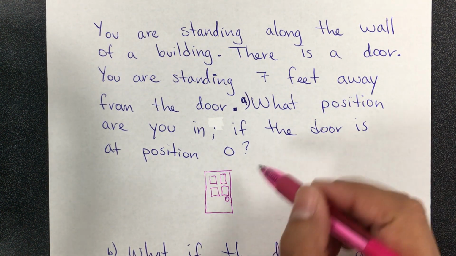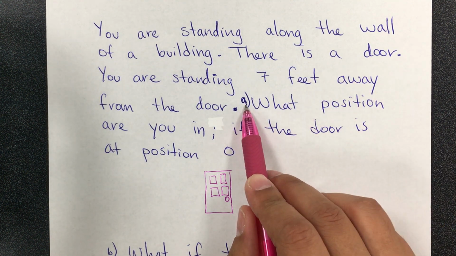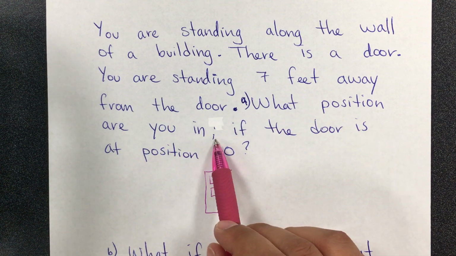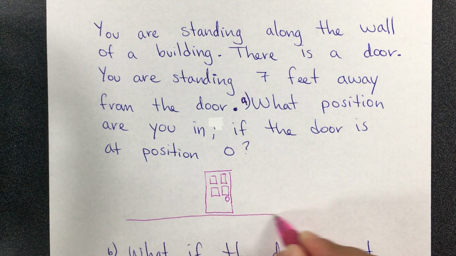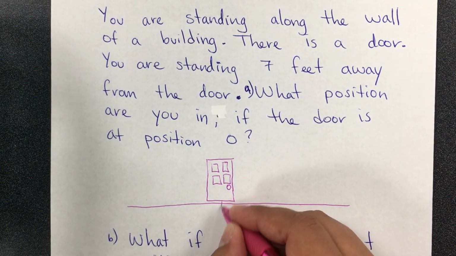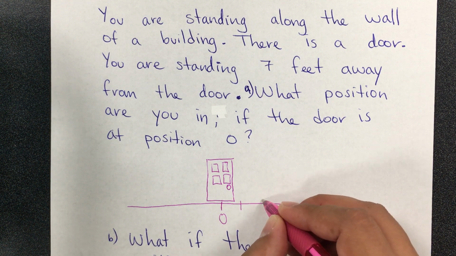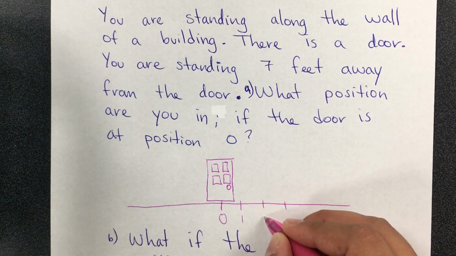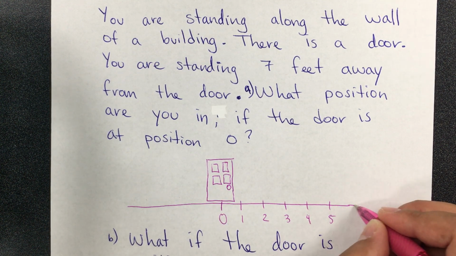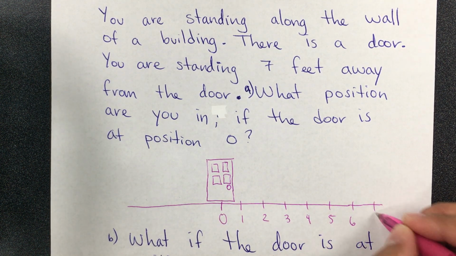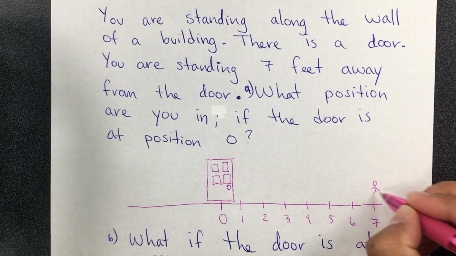So let's say that the door is, which is letter A, says what position are you in if the door is at position 0. If we draw a number line in here and the door is at 0, then if you're 7 feet away, it's going to be 1, 2, 3, 4, 5, 6, 7. That means that you would draw yourself on this side.